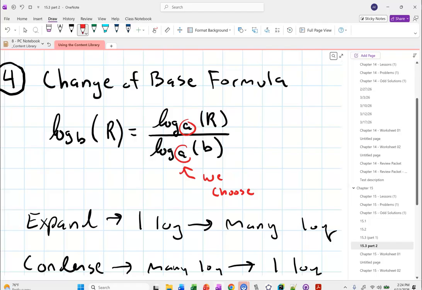And with the change of base formula, here's the good part. When we apply the change of base formula, it's our choice for the base of the new logarithm.